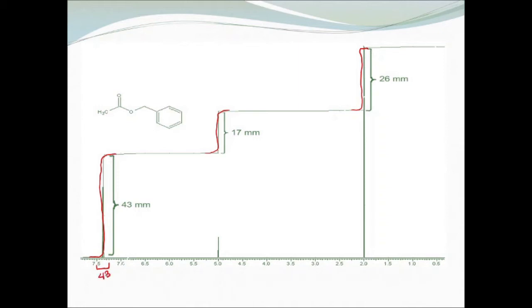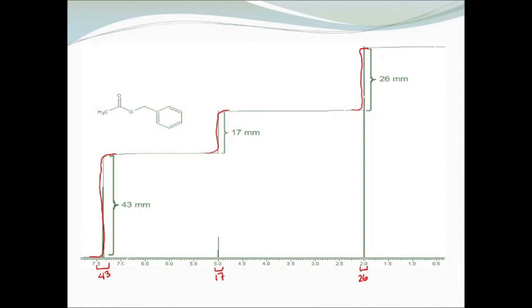For example, it's 43 millimeters in height, so this would be 43, 17, and 26. So this is the relative ratio. We have 43 to 17 to 26. This is not an absolute ratio, it is relative.